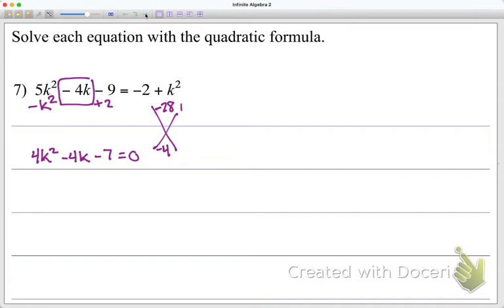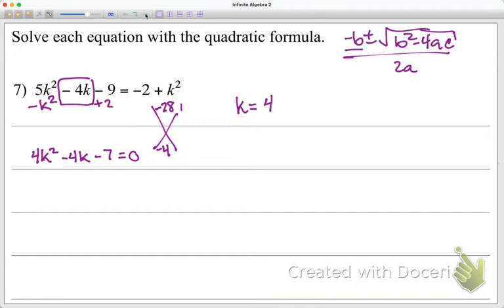So negative b plus or minus the square root of b squared minus 4ac all over 2a. There's a song, all over 2a. I'm not a singer. Okay, so k equals negative b. So it comes out to be 4. Where'd you get 8?